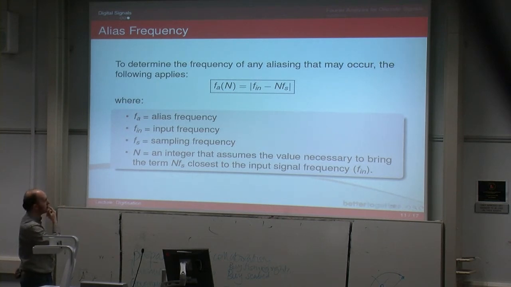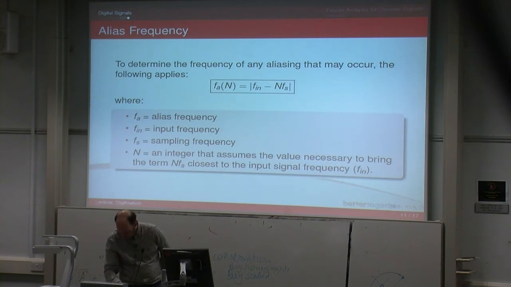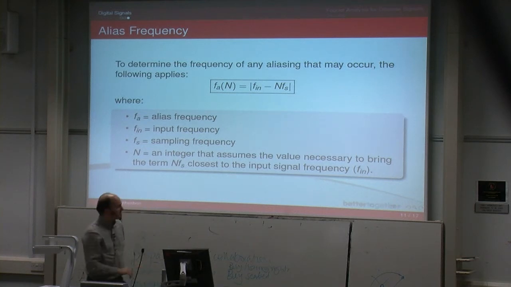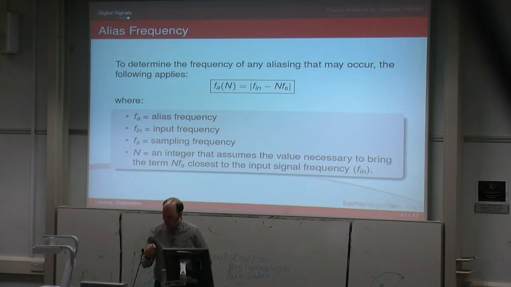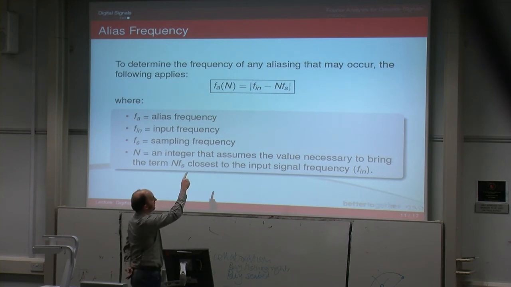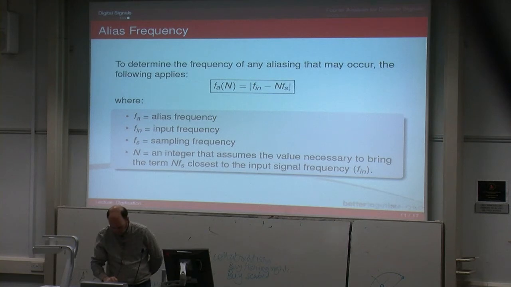In fact, I've given an example here. If your input frequency is up to 1,000, and your sampling frequency is 492, for example, then n would be 2, because 2 times 492 is close to 1,000, and you'd end up with an aliasing frequency of 16 hertz.